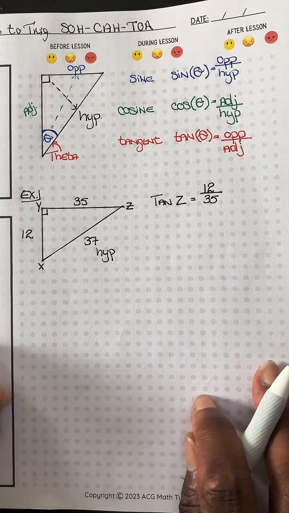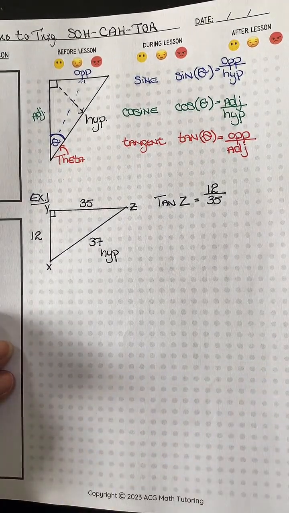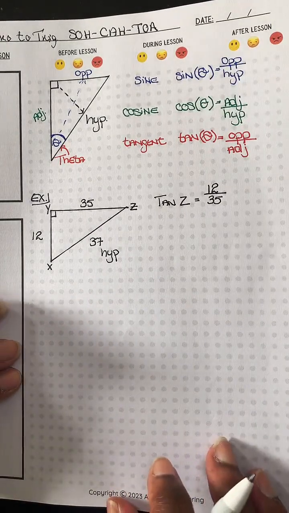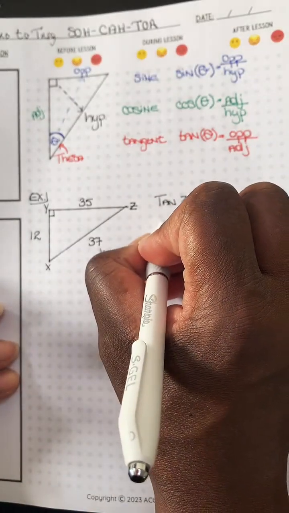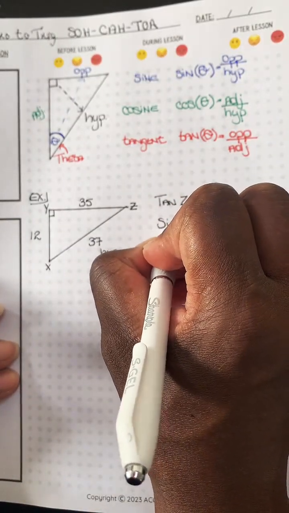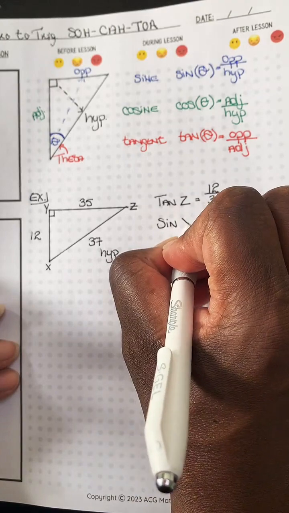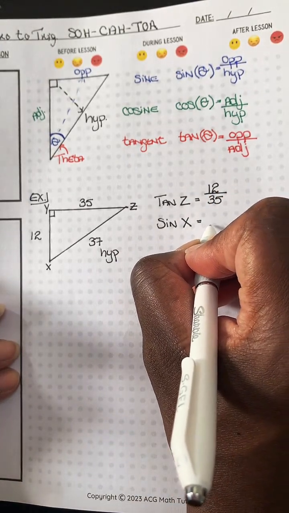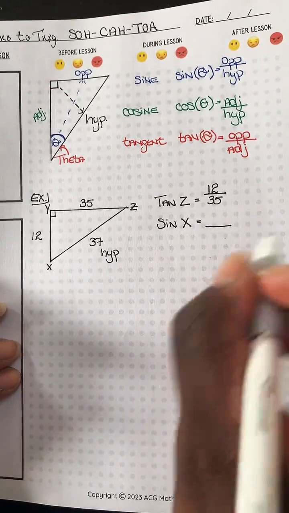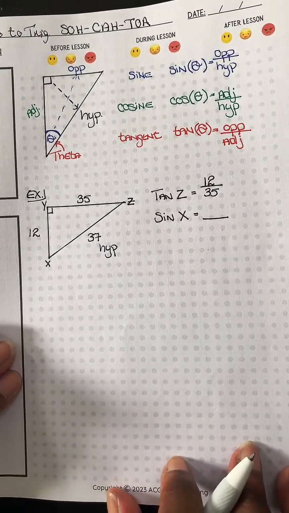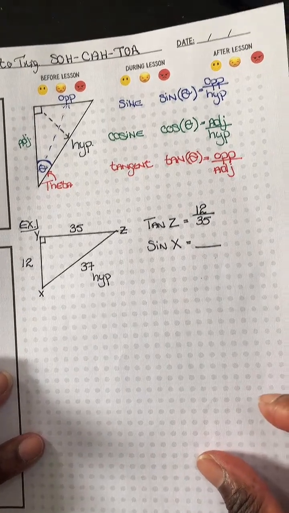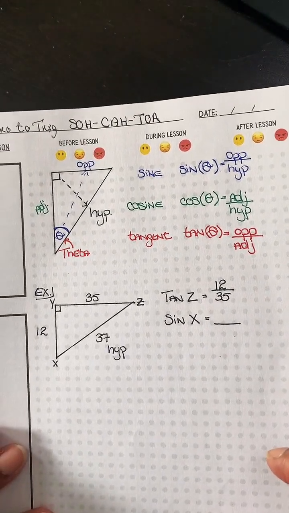Appreciate it. All right. So now, let's say that I want to know the sine, using the same one. I want to know the sine of angle X. What would that ratio be? Okay, see where angle X is. Let's see where sine is.